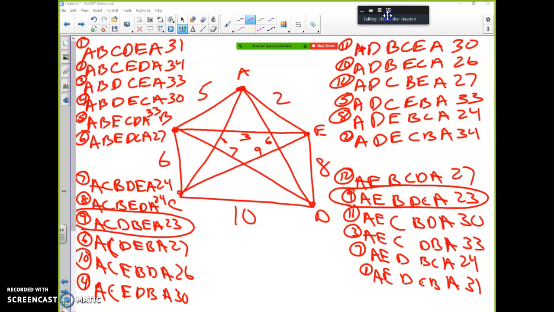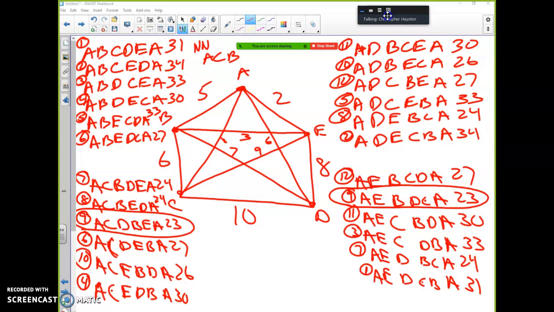Now, nearest neighbor, I'm going to call it NN, nearest neighbor. I started out at A. What's my nearest neighbor? C. Okay. What's the nearest neighbor to C? Is it B? Is it D? Or is it E? In this case, it is B. What's the nearest neighbor to B?